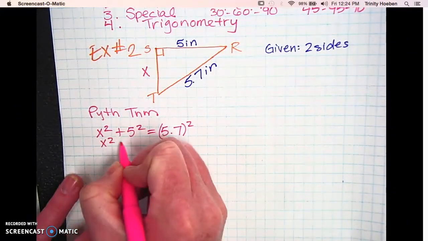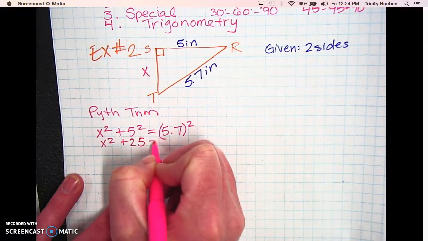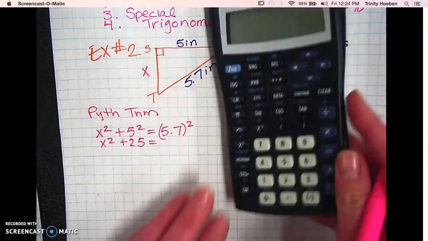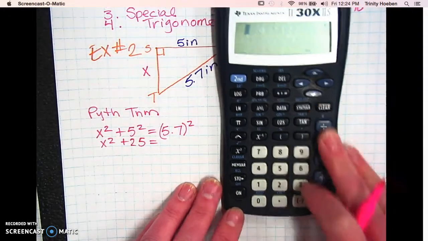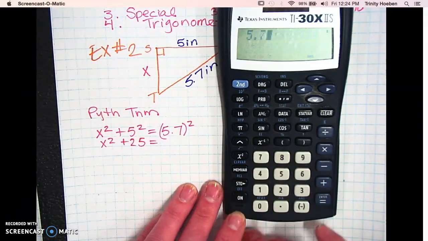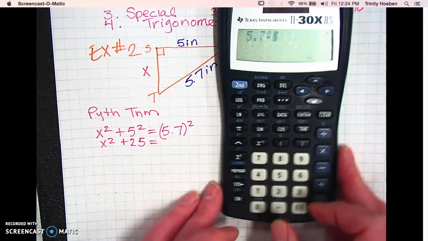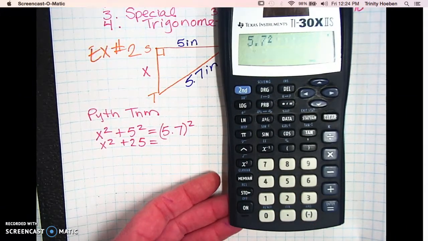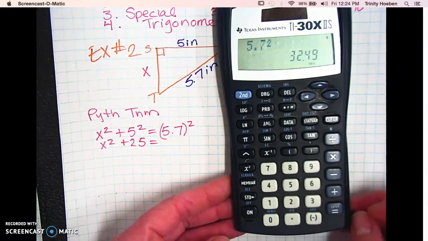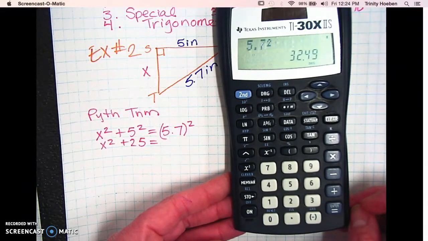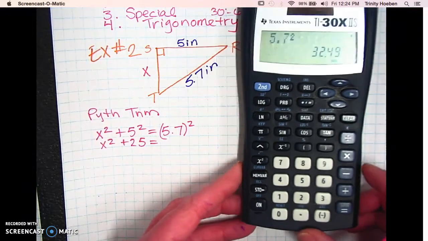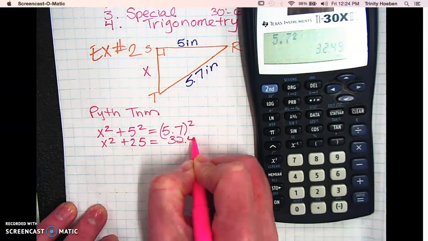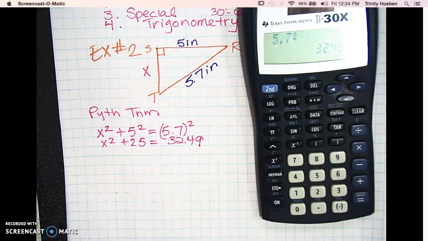So x squared plus 25, and then the 5.7 squared, you can use your little square button on your calculator, right? So you're going to go 5.7, and your calculator has a square button. If you press that, it's going to square it for you. Or you can type 5.7 times 5.7. And we've got 32.49. Did you get it before me? You're fast. All right.